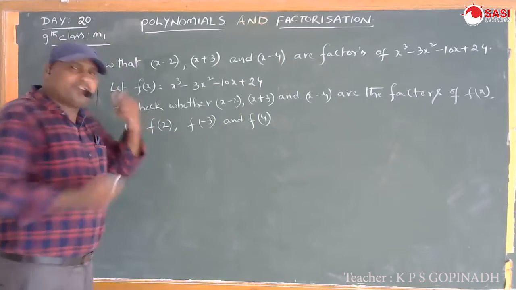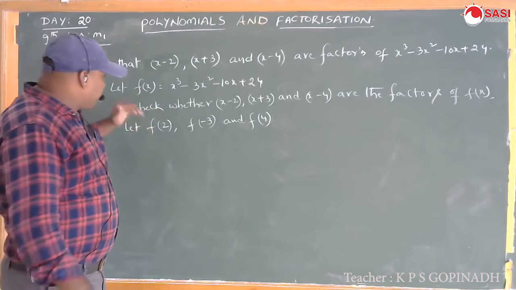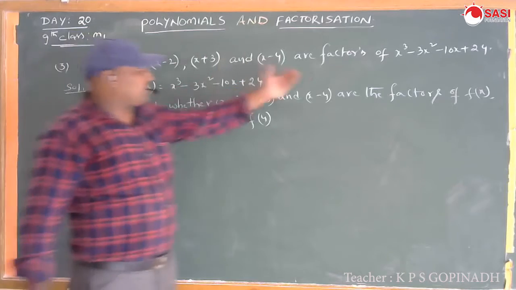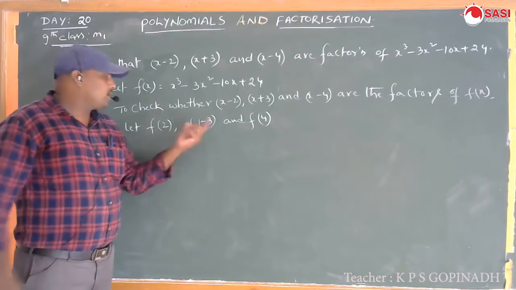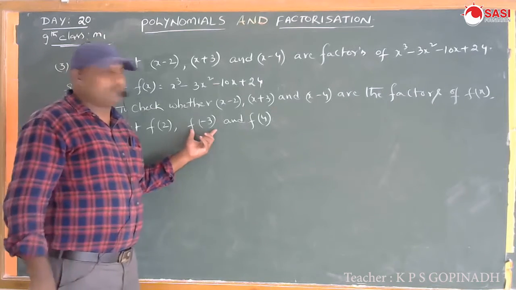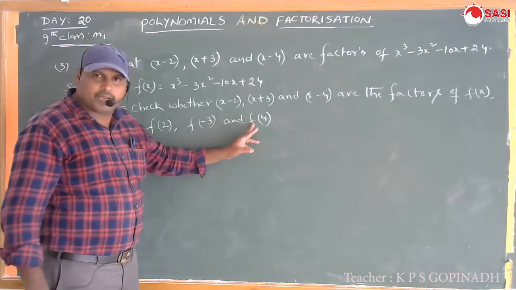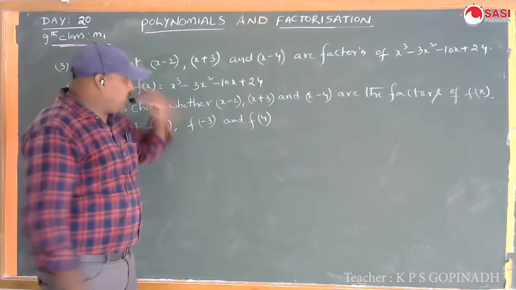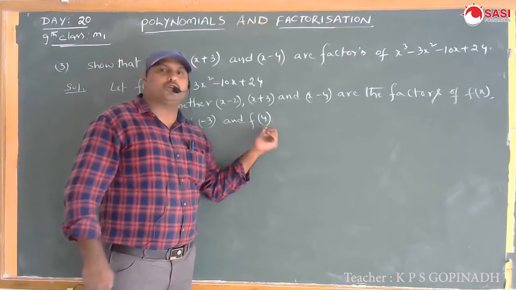So what is meant by f of 2? f of 2 means the value of the polynomial f of x at x equal to 2. That is f of 2. Here f of minus 3 means the value of the given polynomial f of x at x equal to minus 3. Similarly, f of 4 means the value of the polynomial at x equal to 4.